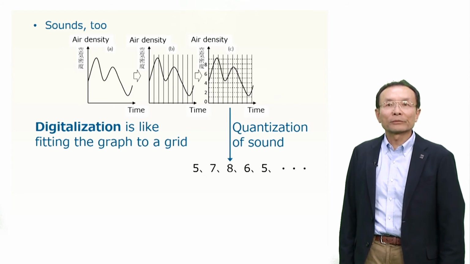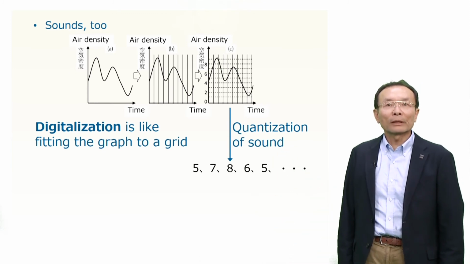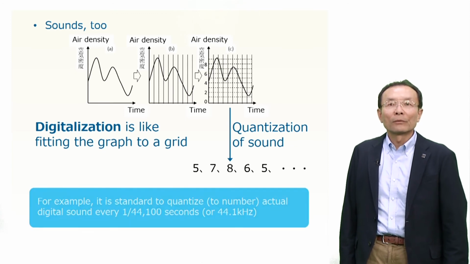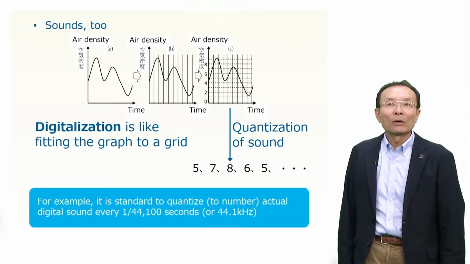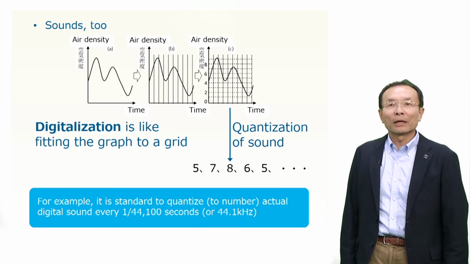Then express the strength of wave density per time unit in numbers. That gives a number string, for example, 57865 in this example. That is a quantized expression of sound in numbers. With actual digital sound, one second of sound is divided into 44,100 strips to quantize this sound.